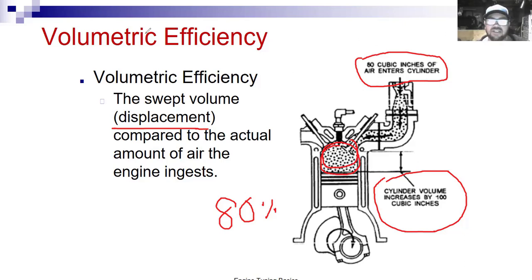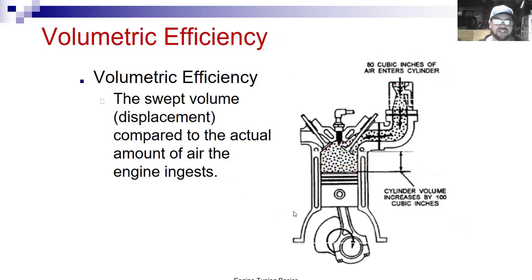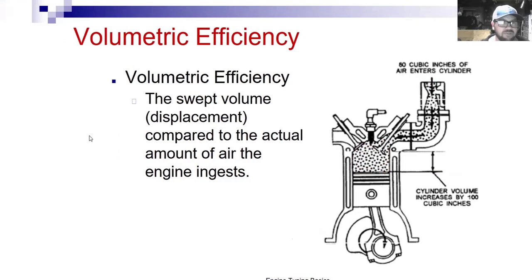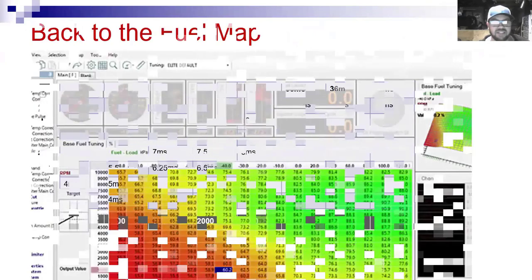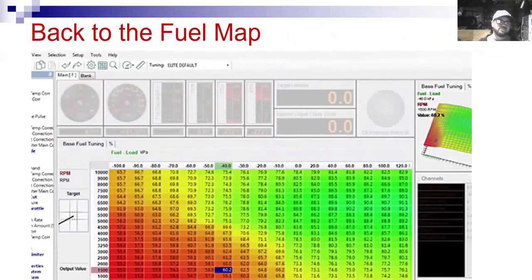All right. So now let me go back a couple slides. Now that we know what volumetric efficiency is, and it's a huge thing when it comes to performance, because if we think of almost all of our performance modifications, whether it's putting a different intake on there or a high flow exhaust, it's all about making the engine a more efficient pump, which should help improve its volumetric efficiency.